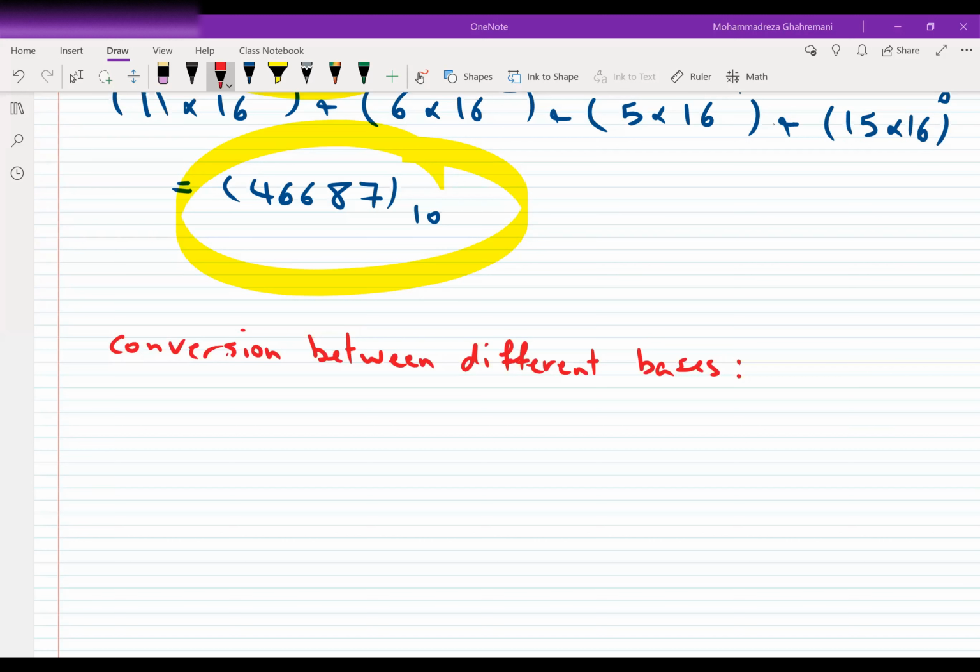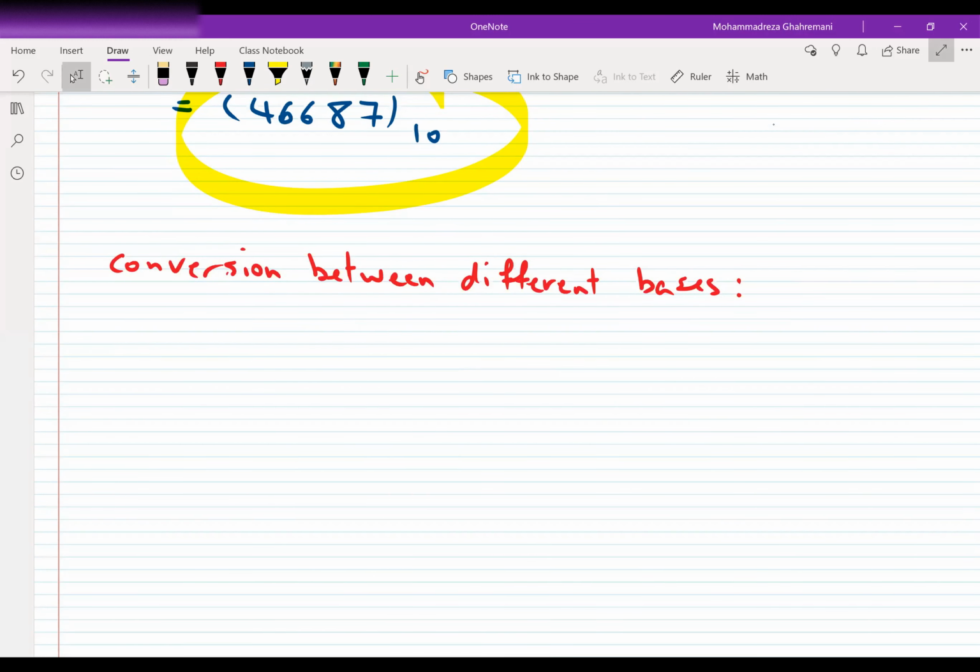We discussed the conversion from base 10 to other bases first. For converting from base 10 to other bases, we need to do that separately for integer and fraction parts. And there are two methods to convert an integer number from base 10 to base 2.